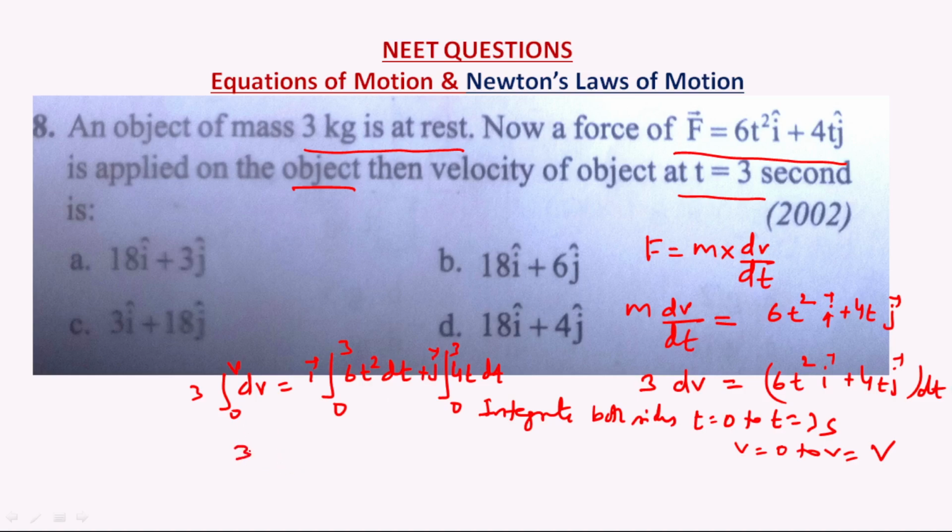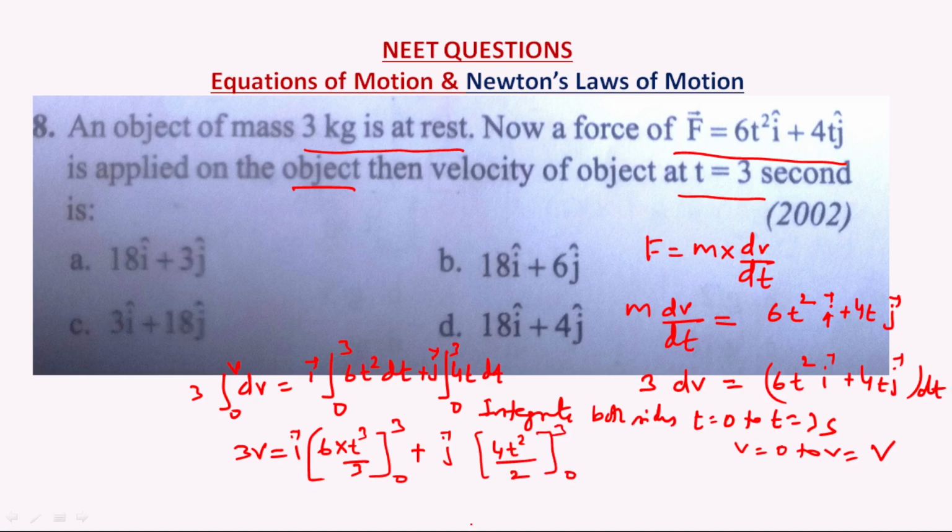So 3v is equal to 6t square, so 6 into t cube by 3, 0 to 3, plus, this is in i direction and this is in j direction, 4t square by 2, 0 to 3.